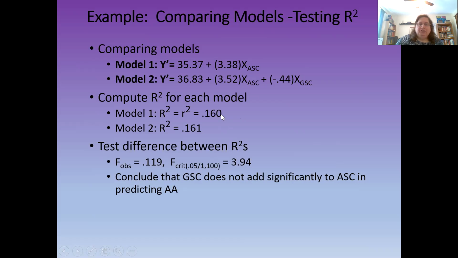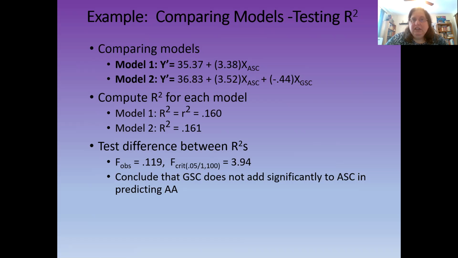So one thing you might ask yourself is, what's the difference between these two? It's only 0.001, which means the GSC is adding 0.1%. Yes, 0.1% of the variation here. Now we can also look at an F. And if we looked at the critical value, the p-value, excuse me, if we looked at this sig value, we would conclude that GSC does not add significantly to ASC in predicting AA.